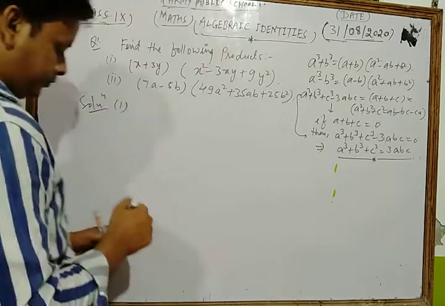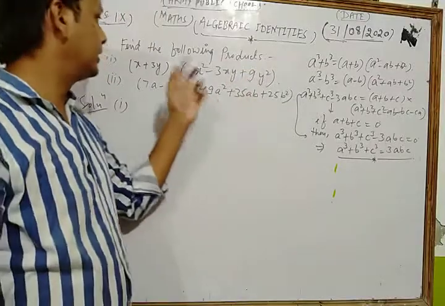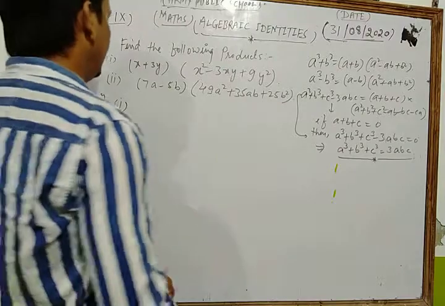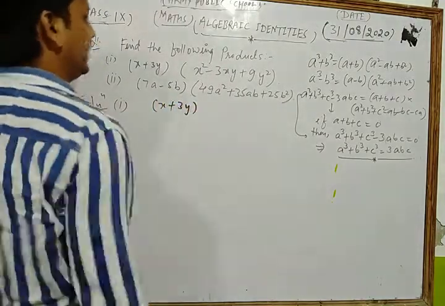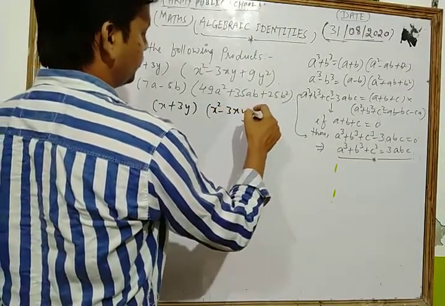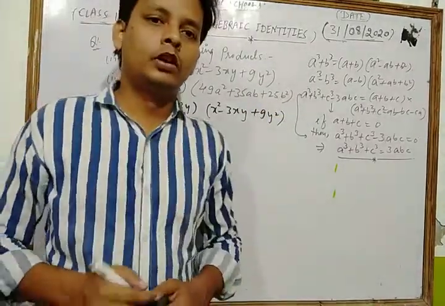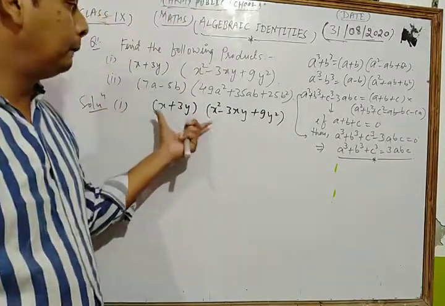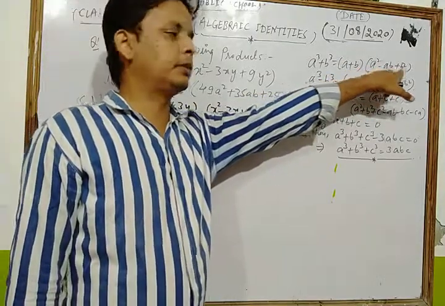Dear student, we take and solve the first part of this question. Here it is x plus 3y, and in another bracket we have x square minus 3xy plus 9y square. Now dear student, what do I do? First we arrange the given algebraic expression based on the identity a plus b and another bracket a square minus ab plus b square.